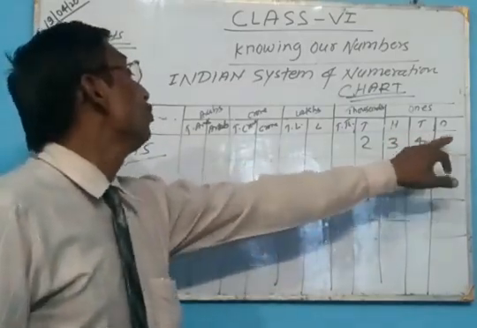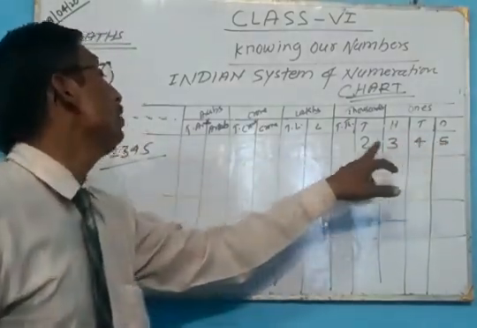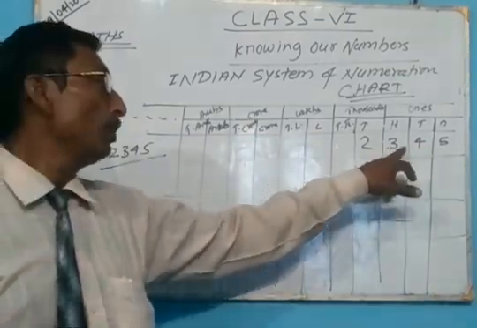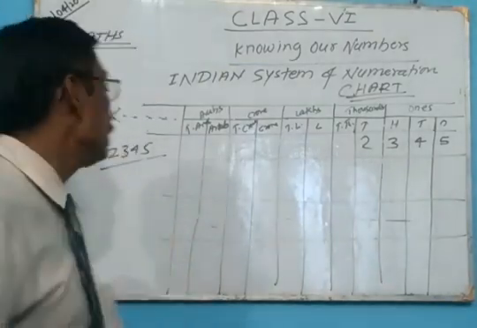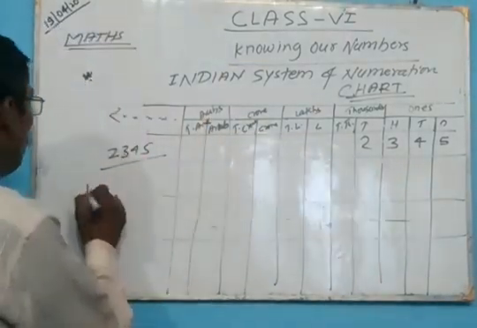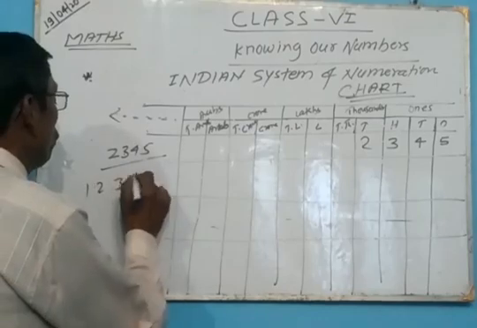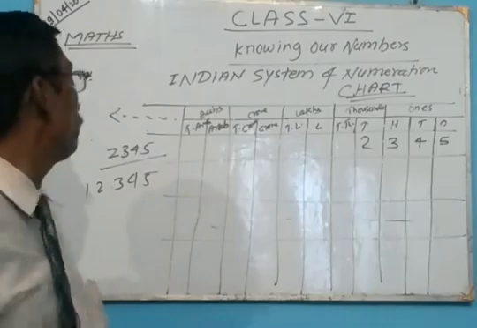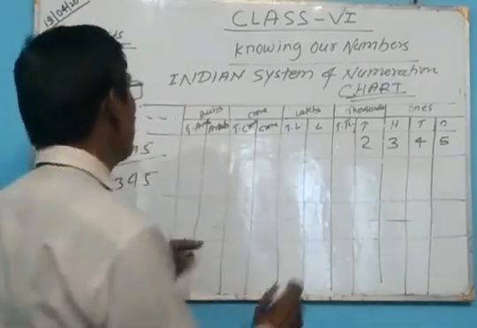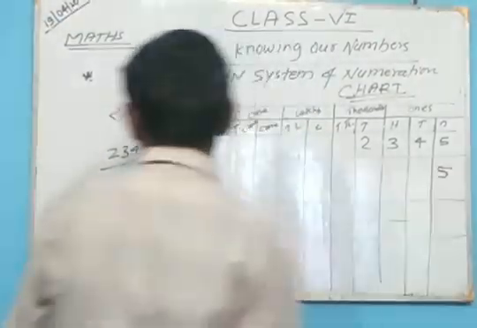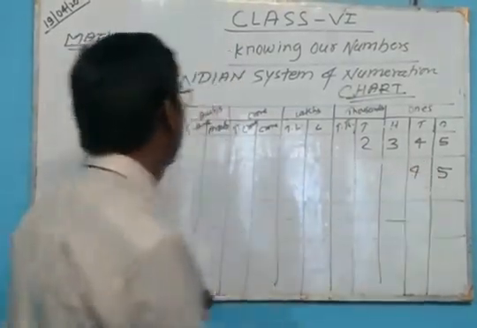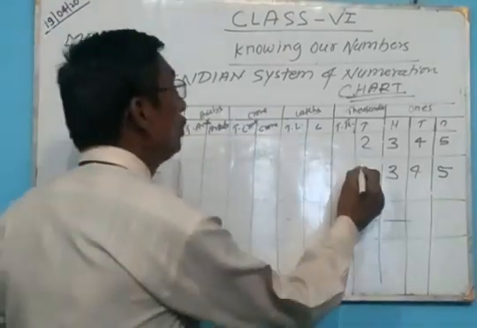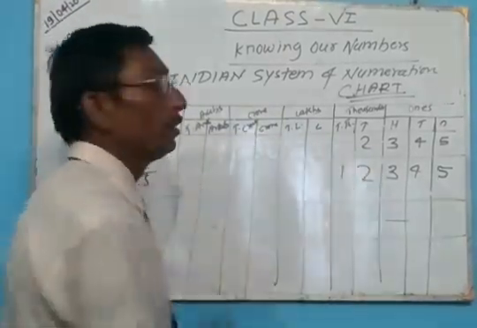So this number is placed into this chart. It is like this: 5, 4, 3, 2. That means we can say 2,345. Then the next example: 1, 2, 3, 4, 5. We place it like this: 5, 4, 3, 2, 1.